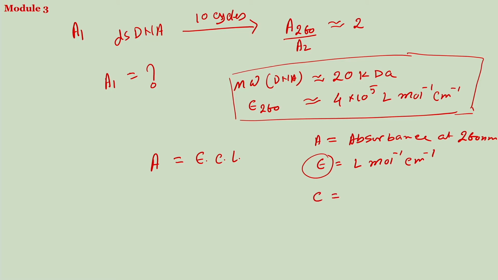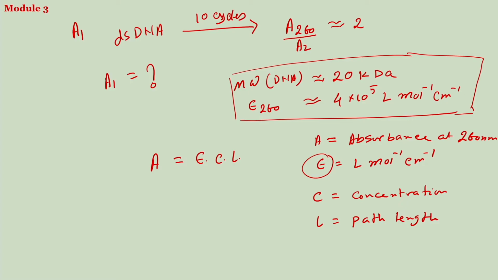C is the concentration of your DNA in this case, and L is the path length. Path length means the length through which the light travels.